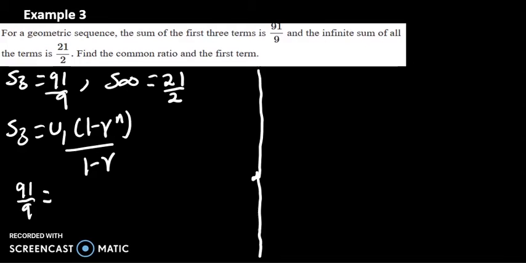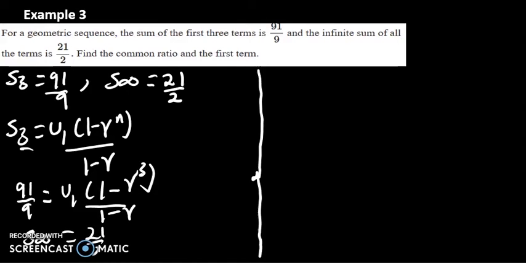We don't know u1, but we know n, which is 3, so 1 minus r^3 divided by 1 minus r. For the infinite one, we know it's 21/2, and the formula is u1 divided by 1 minus r. We're supposed to find u1 and r from these 2 equations.